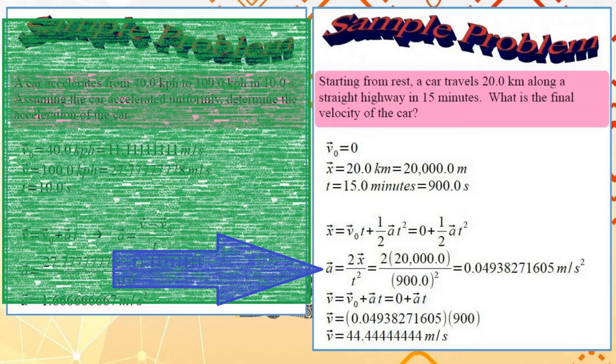From the given, we know v naught and we know t. We are able to calculate the final velocity v if we know acceleration a. And since we have already calculated a, the equation is complete. We are able to get the final velocity. V is equal to 44.4444 meters per second.